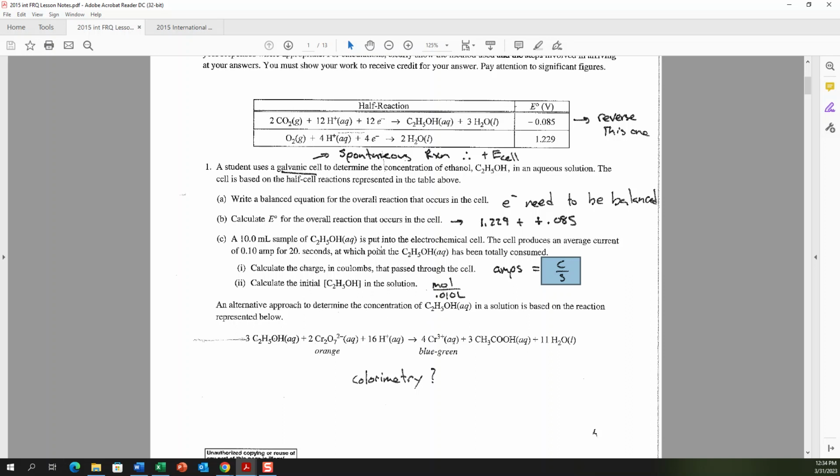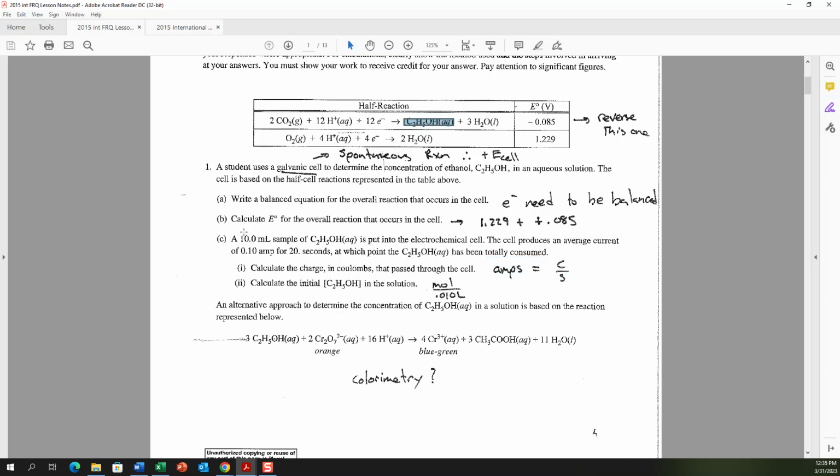Okay. So let's go back up to our balanced equation, right? For 1 mole of this to react, it produces 12 moles of electrons. So we just figured out how many coulombs, and then remember, we can use Faraday's constant to get moles of electrons, and then moles of electrons to get moles of this that we initially had.